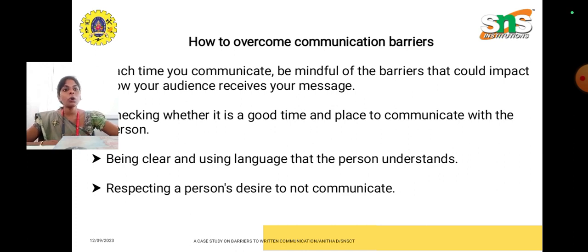Better go with simple and effective language, and respect a person's desire to communicate. These are the ways to overcome the communication barriers I have brought today.